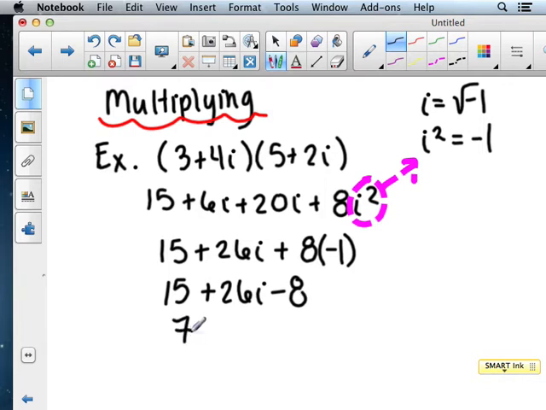So we get 7 plus 26i. That's your final answer there. Okay, there's your complex number. So that's all you're doing when you're multiplying. Now, dividing.